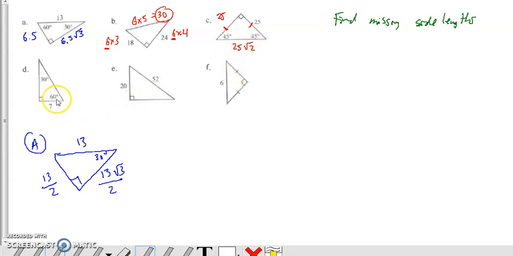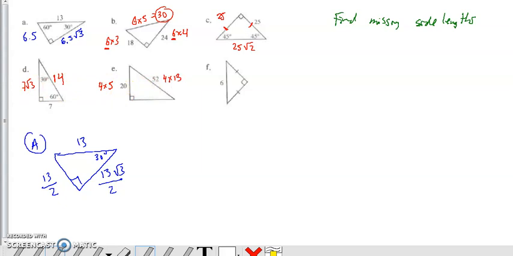Moving on to D. So 30 degrees is the 7. So if I double the 7, I'm going to get 14. And then I'm just going to say that this is 7 root 3. All right, now between the 20 and the 52, right? Again, huge numbers, but what you should have recognized is that 20 is made up of 4 times 5, and 5 is part of my Pythagorean triple, which means if I look at 52, this is really 4 times 13.